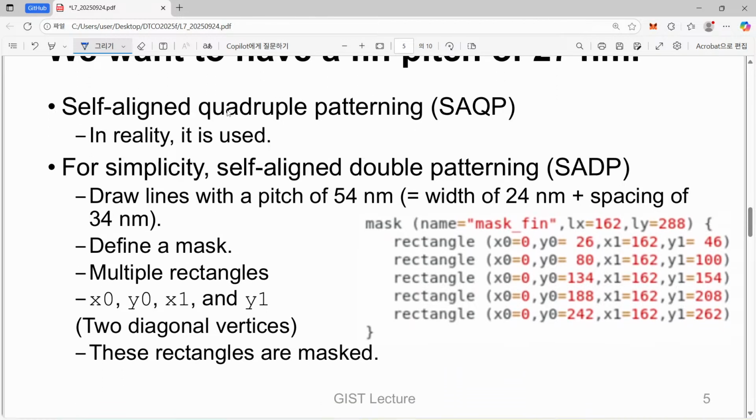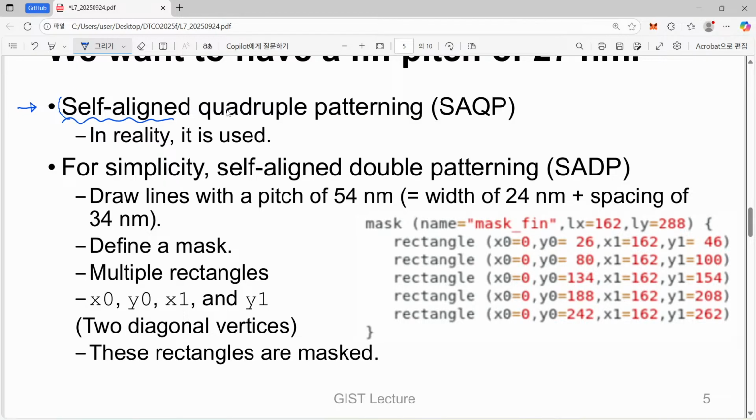In reality, in order to realize this 27 nanometer fine pitch, we have to adopt a technique called self-aligned quadruple patterning. Self-aligned means that we don't have to do any further patterning. Once we pattern once, the later steps can just rely on the initial pattern.